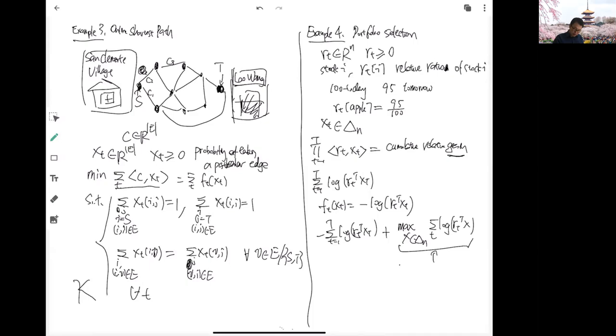This is the best fixed proportion investment strategy in hindsight.